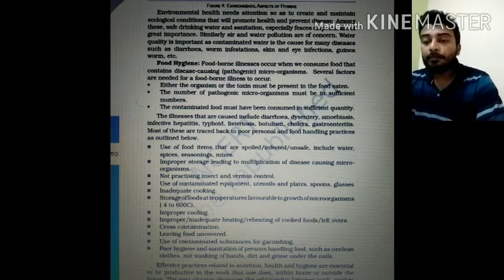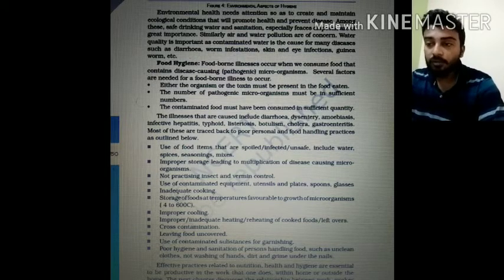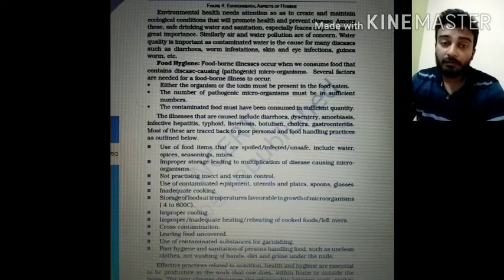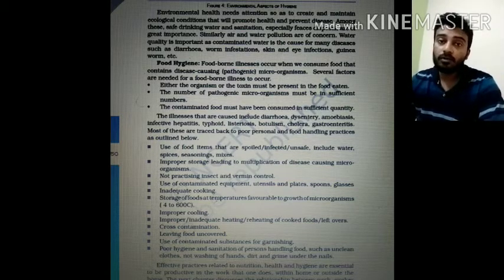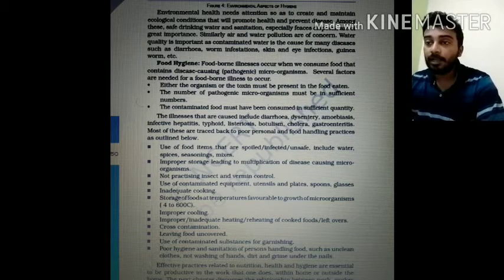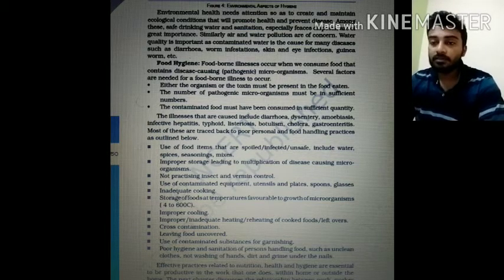Then improper cooling, inadequate reheating of the cooked foods, leftovers, cross contamination, leaving food uncovered, use of contaminated substances for garnishing. These are also several small factors in your list of poor hygiene practices, and this can also lead to disease.